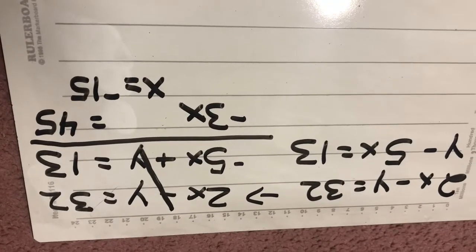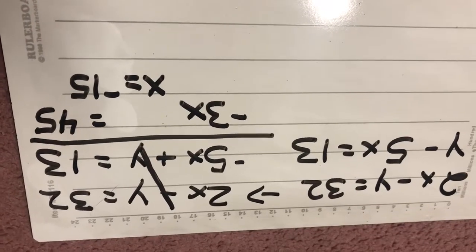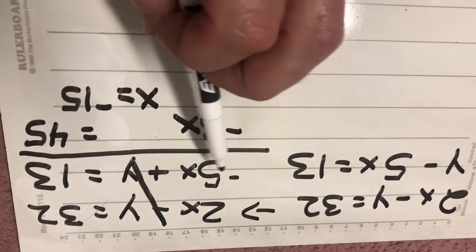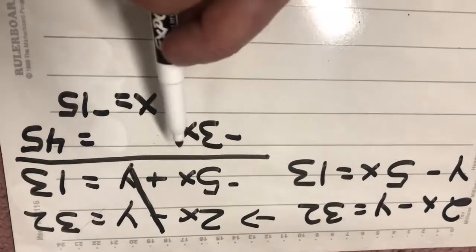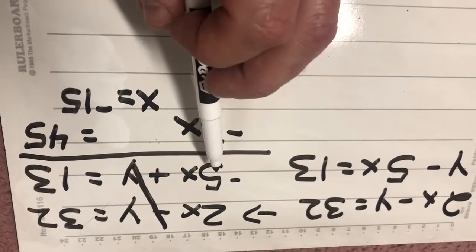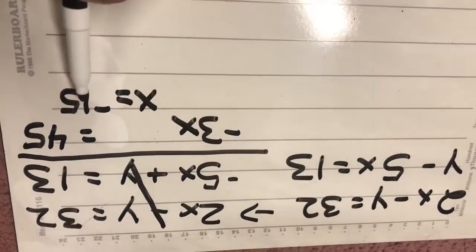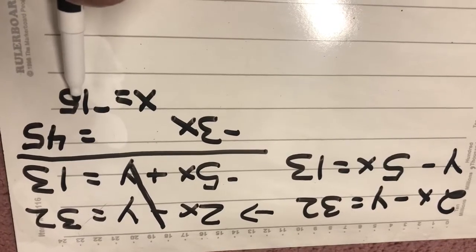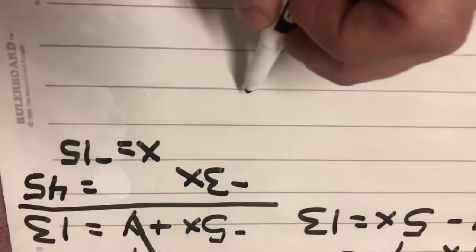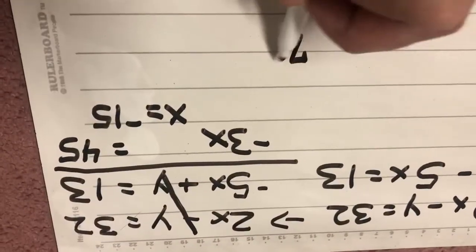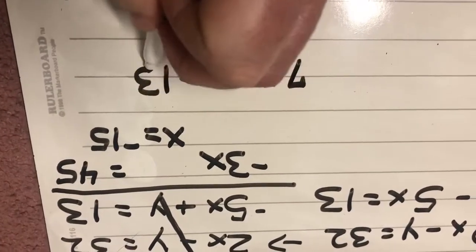Now I want to plug that into one of my equations. I'm going to choose this bottom equation because I like the idea that a negative times a negative is going to equal a positive. So I'm going to think negative 5 times negative 15. Well, negative 5 times negative 15 is going to be a positive 75. A negative times a negative is a positive. So that's going to leave me with 75 plus y equals 13.